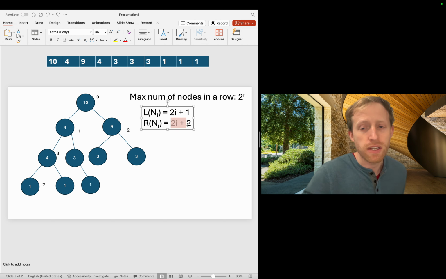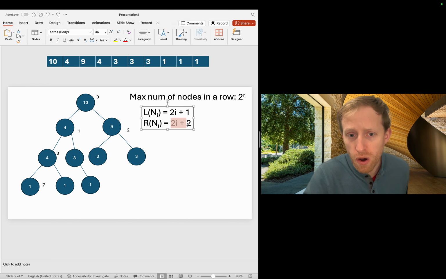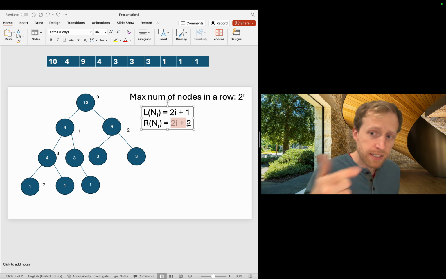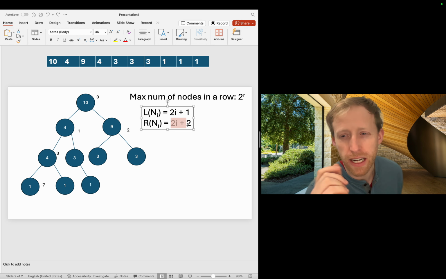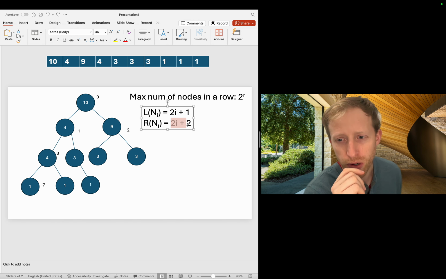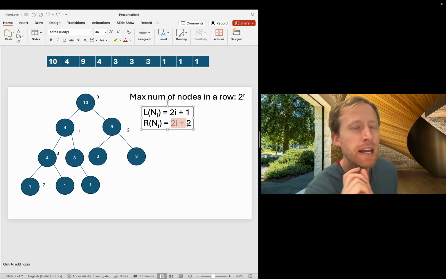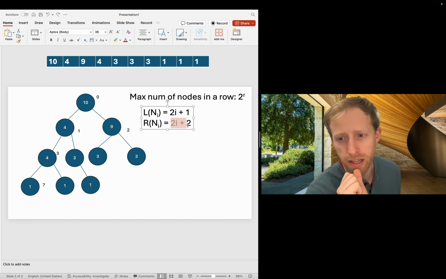Math like this is incredibly quick for a computer. We call this O(1), which basically means it's a fixed number of operations. Even if it's like 100 computations, that's going to take, if I'm not mistaken, on a 1 gigahertz processor, which most of our processors are substantially faster than, about 1 nanosecond per computation.